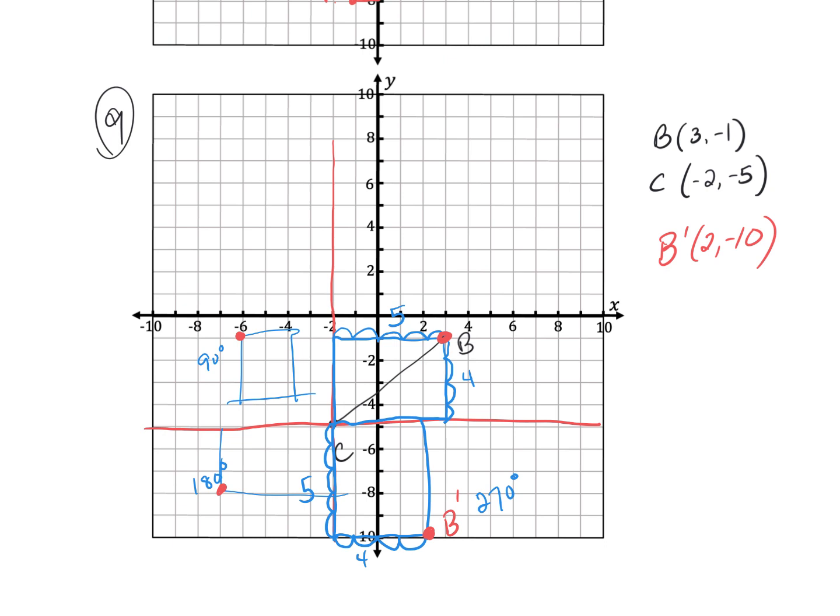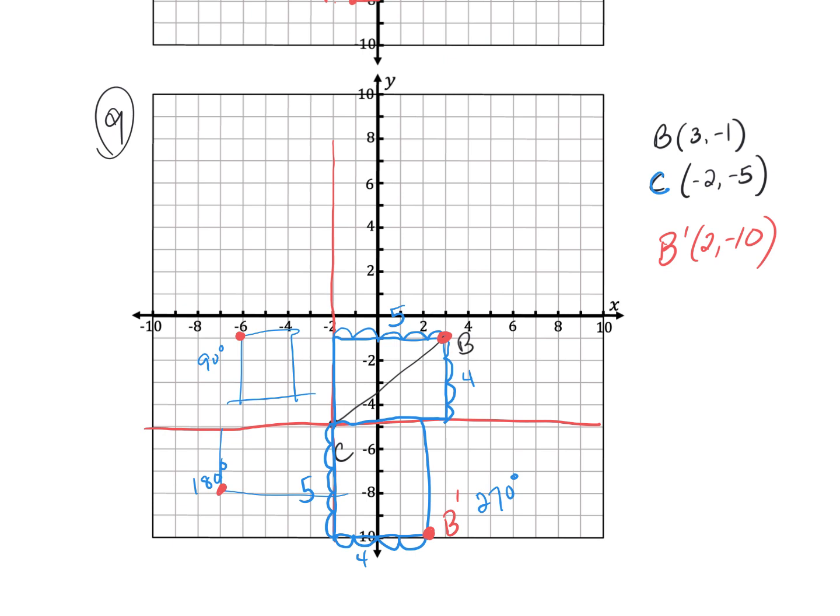All right, now let me go through the translation method, just in case some of you do want to use that method. Remember that the point we're rotating around, which is (-2, -5), becomes our translation vector.